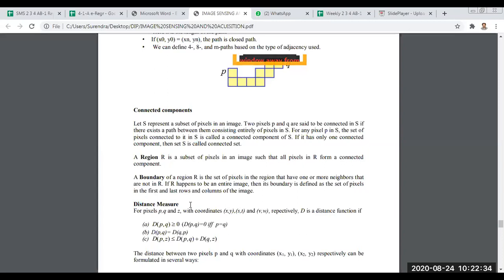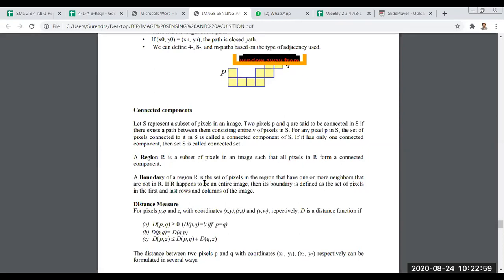If there is a boundary between these two, only then can we call them subset 1 and subset 2. Otherwise, if there is no boundary, there is no other subset. To consider a boundary, we must consider two subsets, and in those two subsets there are two regions, of course: region 1 and region 2.